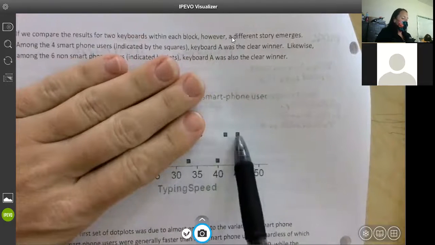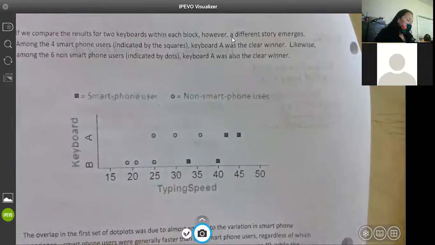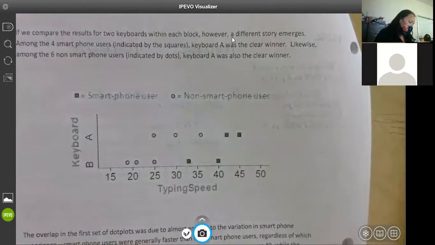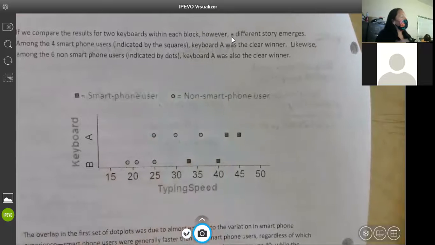We can see that A is way above B. Likewise, among the 6 non-smartphone users indicated by dots, keyboard A was also the clear winner. Again, the B is down here and the A's are above. So now you can actually tell with the blocking which one is better, okay?